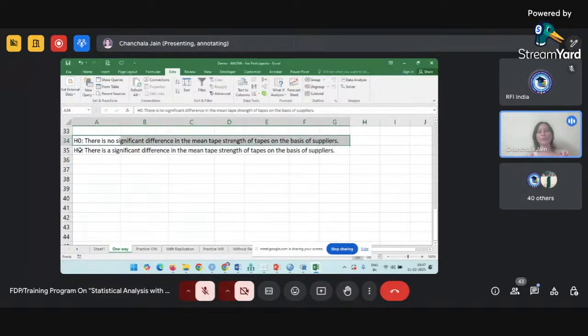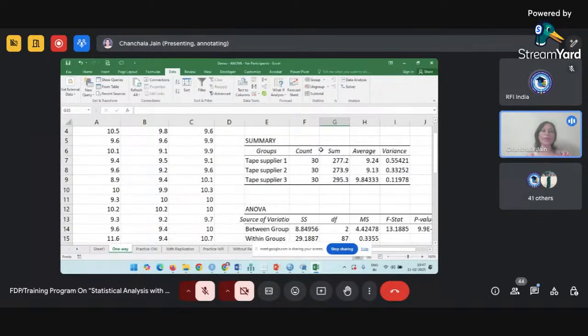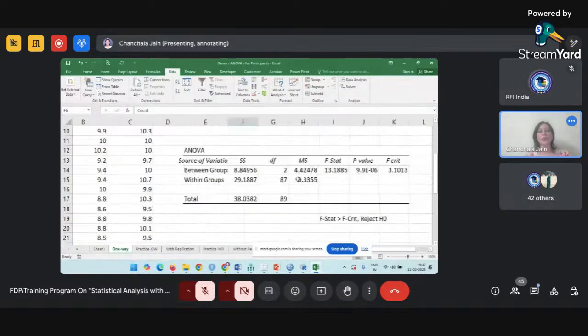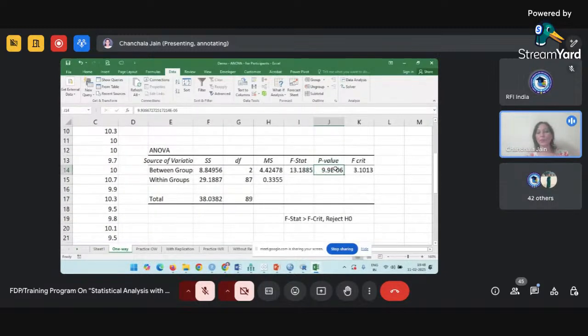That means we are saying that there is a significant difference in the mean tape strength on the basis of the suppliers. This means that if you are taking the tape from different suppliers, the mean tape strength will be different. This is the meaning, right? Using the P value if you want to interpret, you can see your P is less than 0.05.